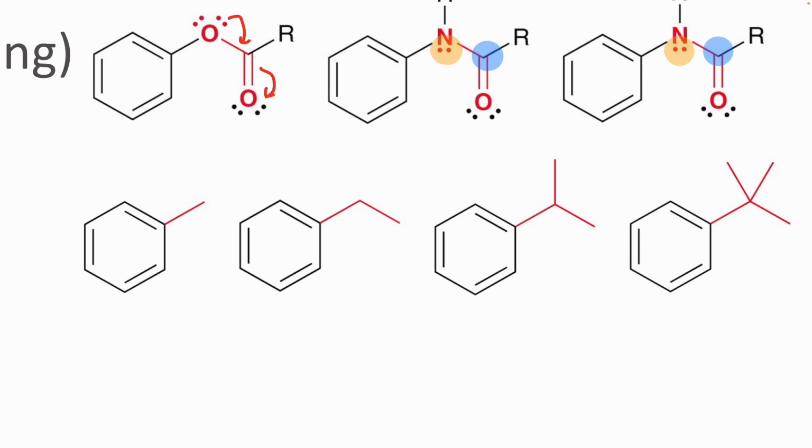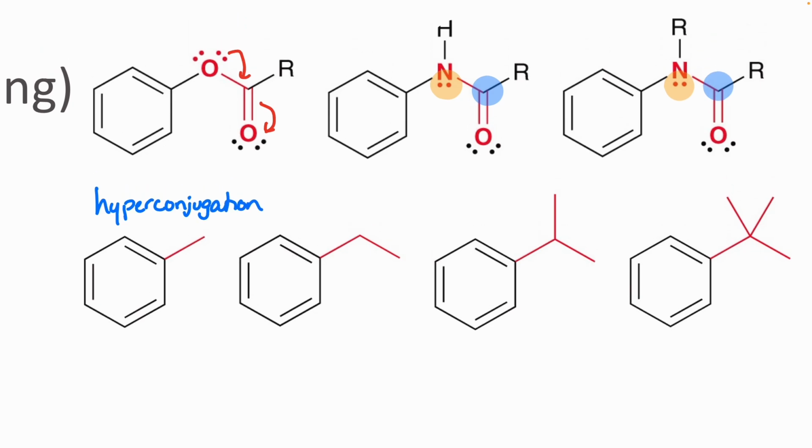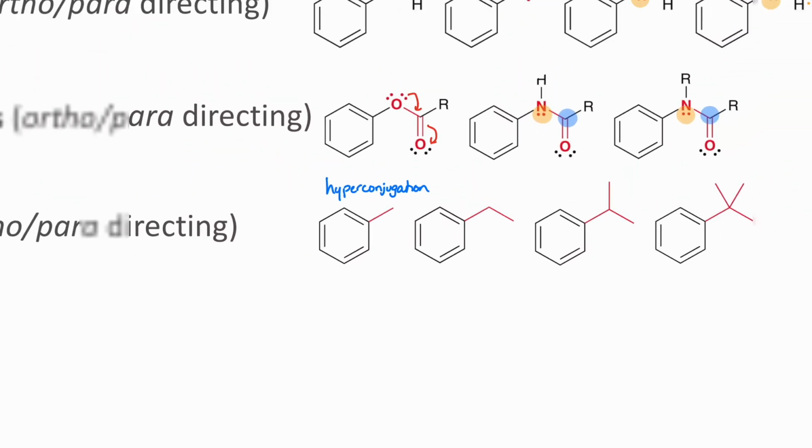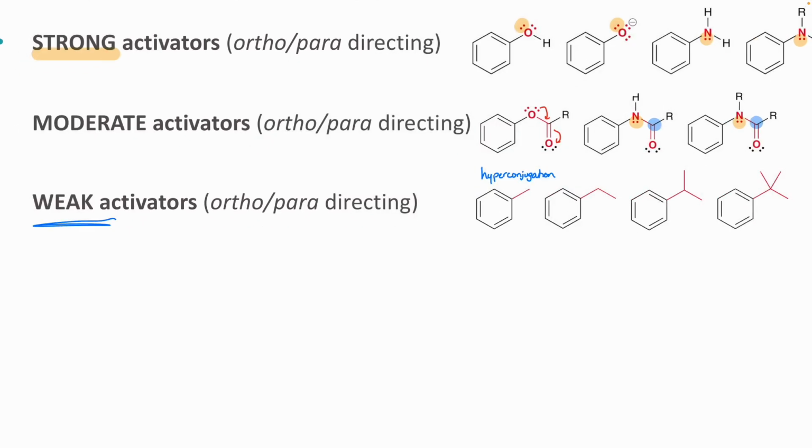There are no lone pairs, but they have this weird property called hyperconjugation, where they can, again, make benzene a little bit weakly better of a nucleophile. So again, these alkyl groups are also ortho-para directors. We just have to be able to spy those as being ortho-para directors.